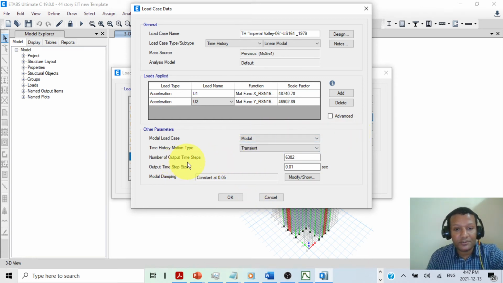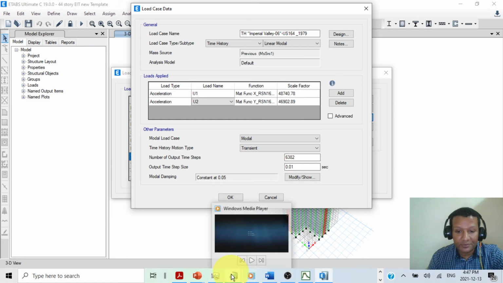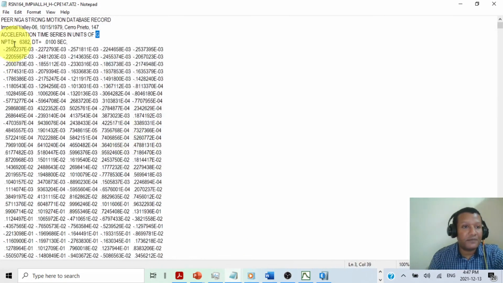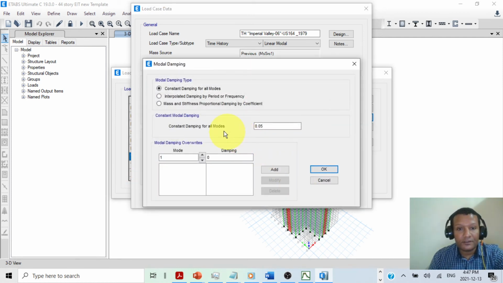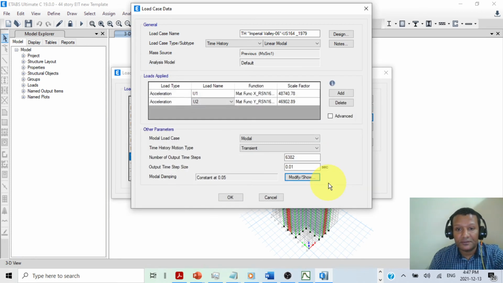Number of output time steps is 6382, with a time step of 0.01, everything should be as usual. Modal, again modal mass, we use constant damping for all modes, 5%. We have a lot of choices for damping, what kind of damping we have to use.